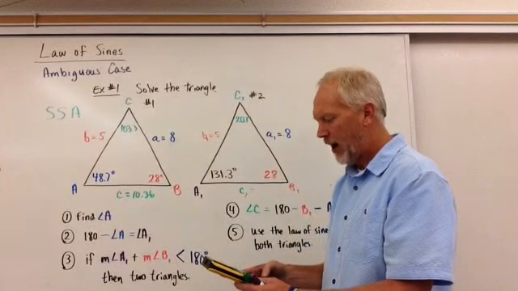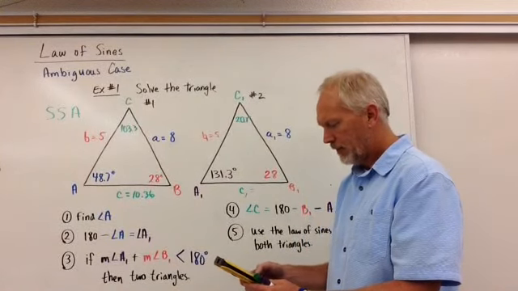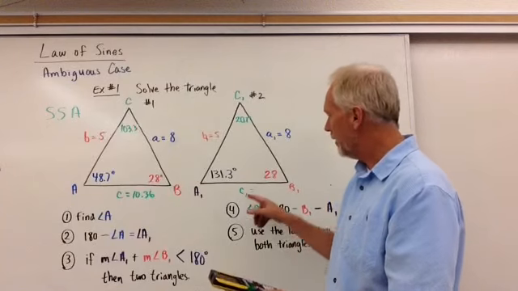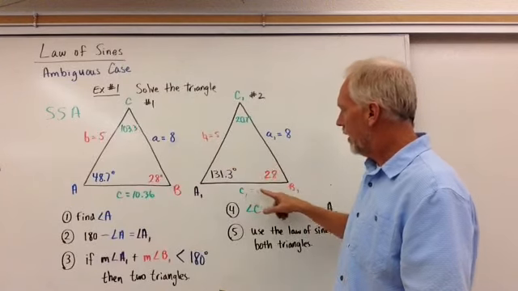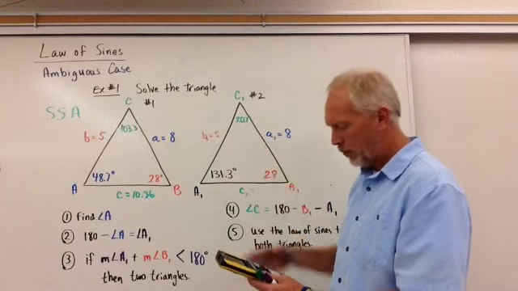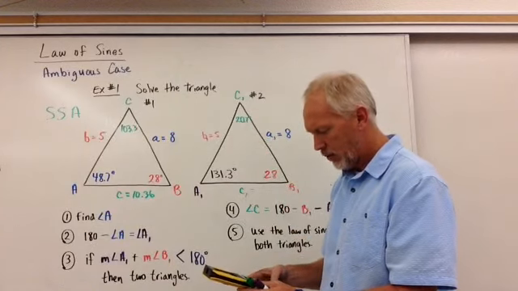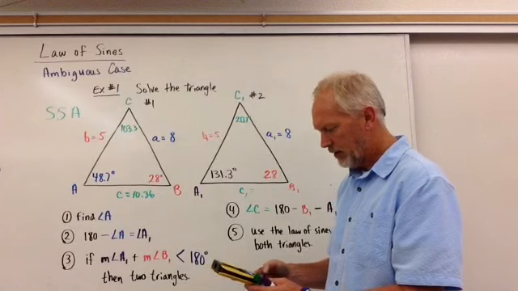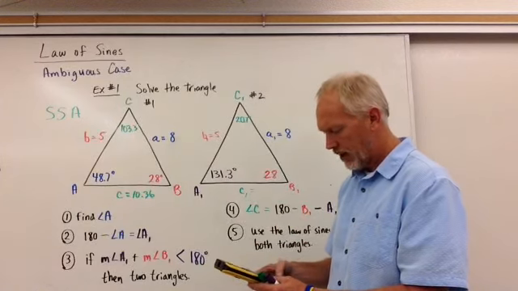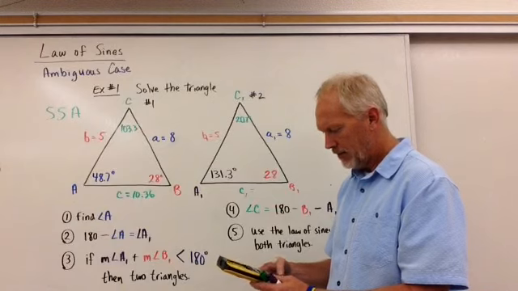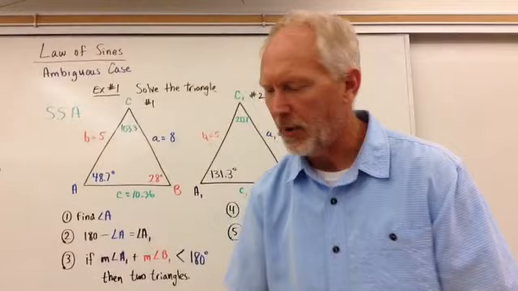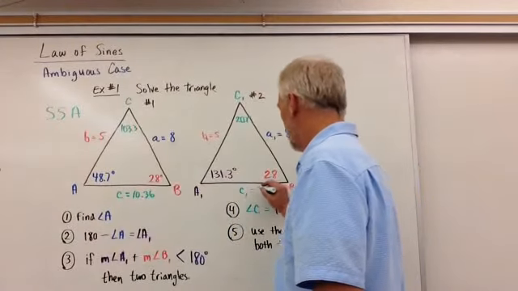So that's going to be 5 times the sine of 20.7, divided by the sine of 28, and that will equal 3.76.